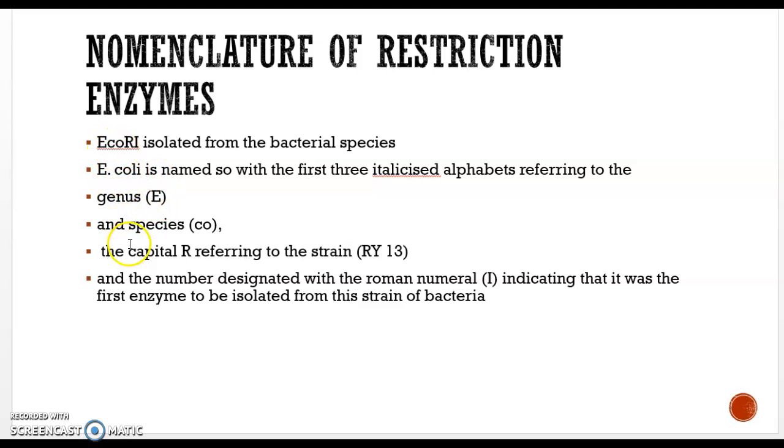Then co represents the species, coli, so the second and third alphabets are taken from the species. Then the fourth alphabet, which is again capital, is the name of the strain, RY13. Then I is the Roman numeral one, and the number designated with the Roman numeral indicates that it was the first enzyme to be isolated from this particular strain of bacteria E. coli.